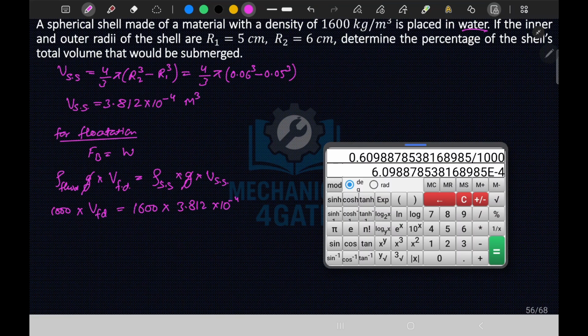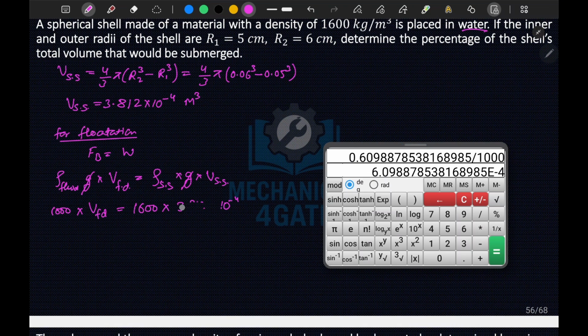Since it asks for the percentage of the shell's total volume, let's keep it as V of spherical shell only. From here we can find V fluid displaced by V spherical shell is equal to 1.6.